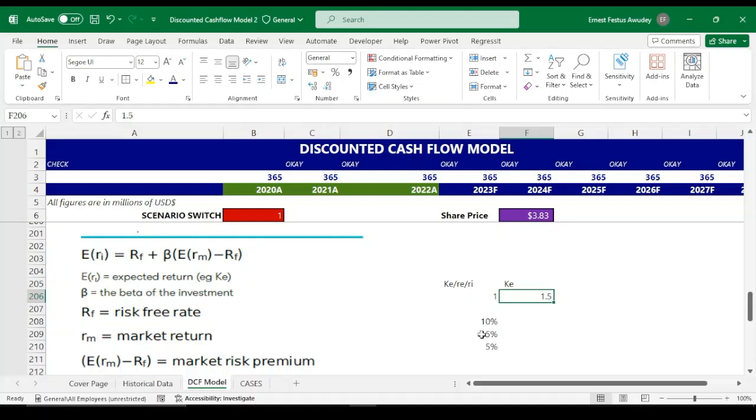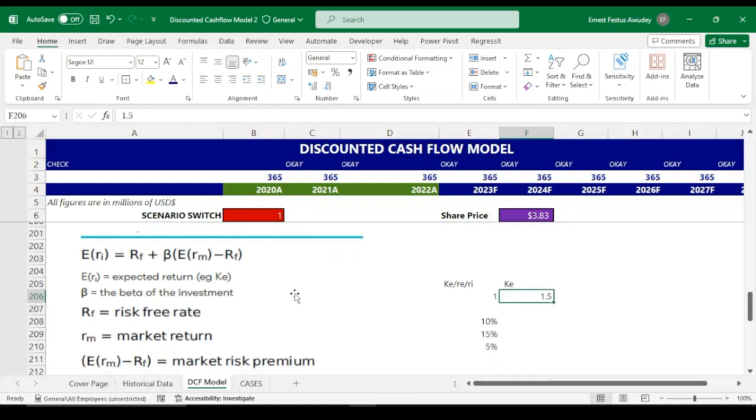So that's what I'm saying, that the beta indicates the volatility in the stock, either the price of the stock or the return on the stock. So that is what we have for beta.